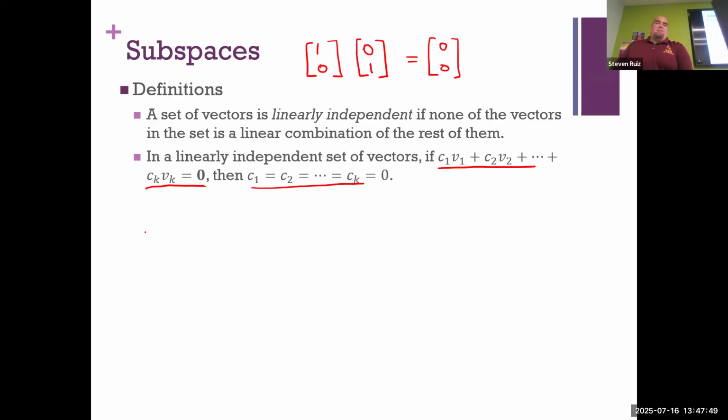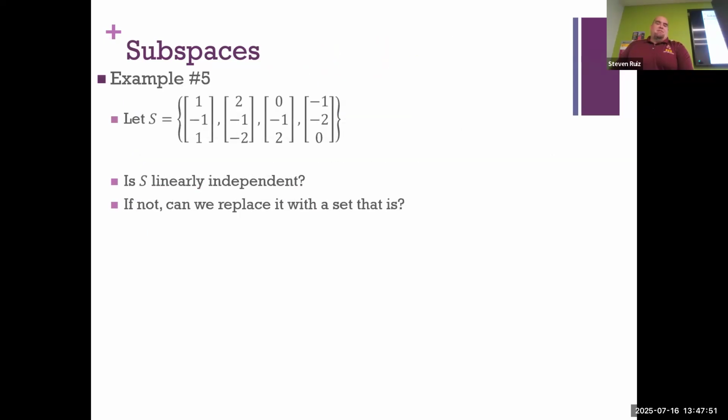So if I take a linear combination, basically the first vector 1, -1, 1, multiply it by a constant, take constant 2 times 2, -1, -2, and so on.